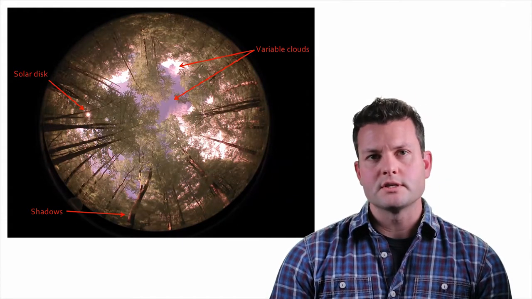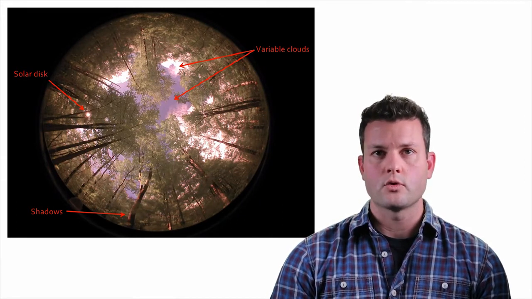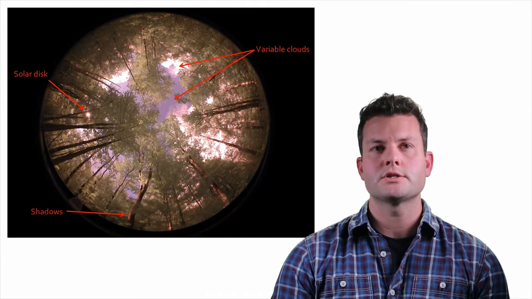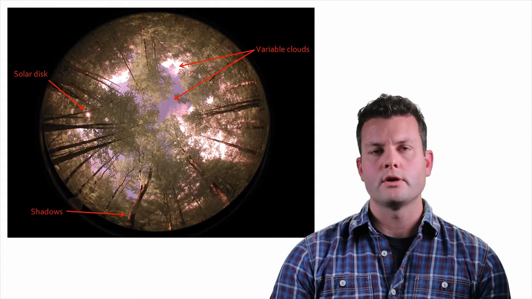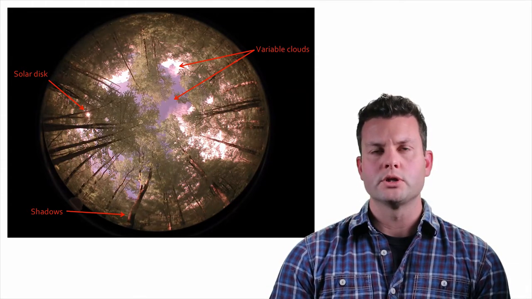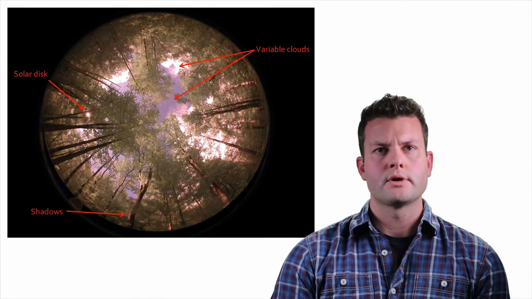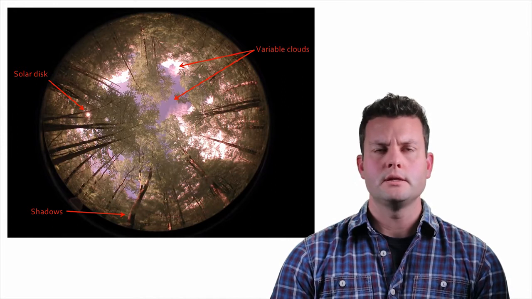For all of these reasons, it's recommended that hemispherical photographs are only collected under uniformly diffuse or uniformly overcast conditions. The other time of day that works is either very early or very late, when the sun is low or below the horizon, so that you don't have issues with the solar disk contaminating the image.